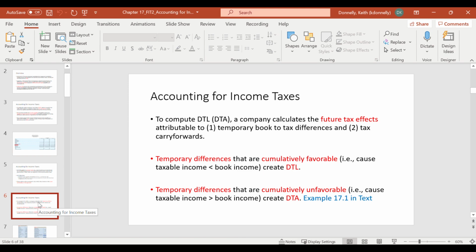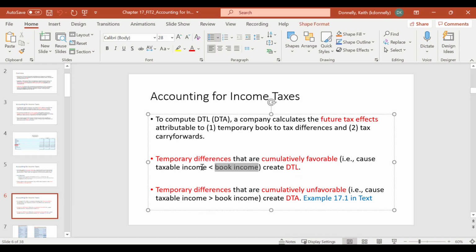However, on your books, you're just using straight line, you're going to depreciate it $10 a year for 10 years, right? Well, we know if that's the only temporary difference, if we just look at that in a vacuum, that it's going to cause our taxable income in the current year to be less than our book income, right?